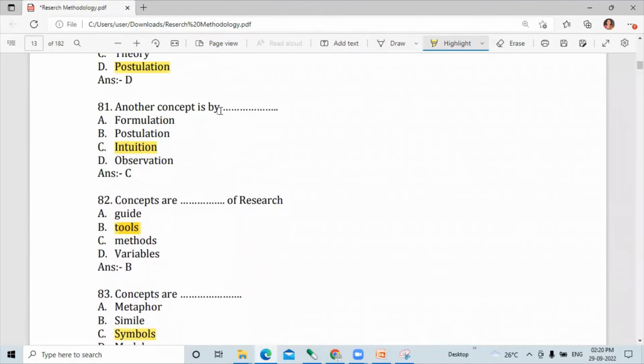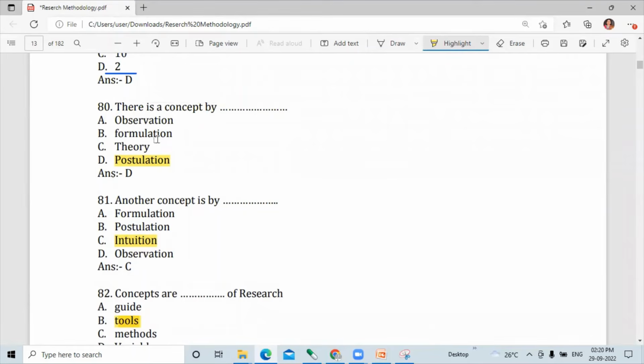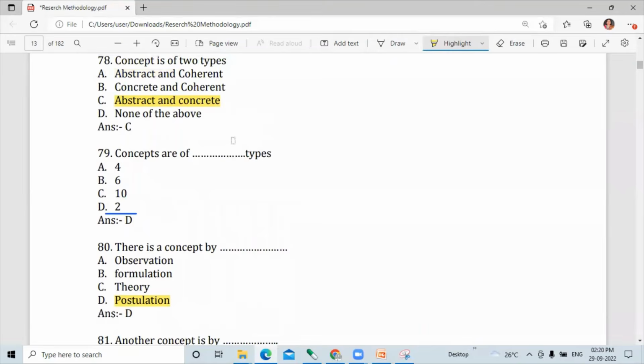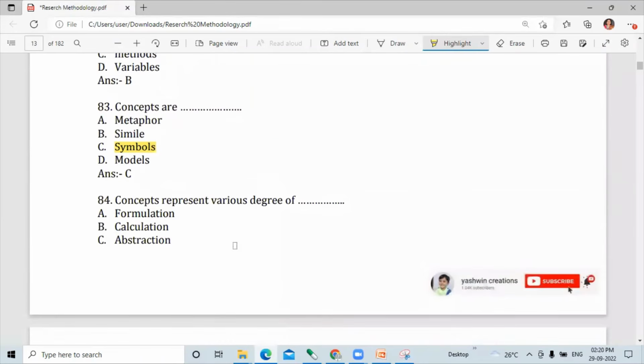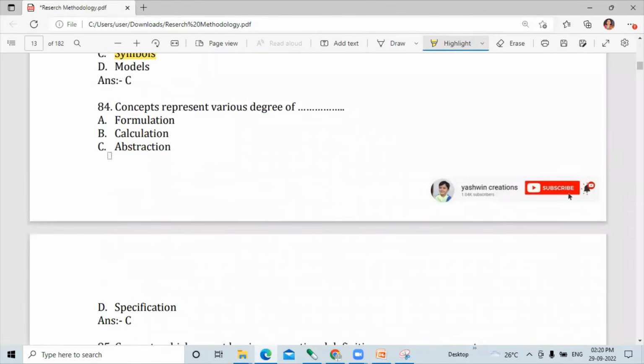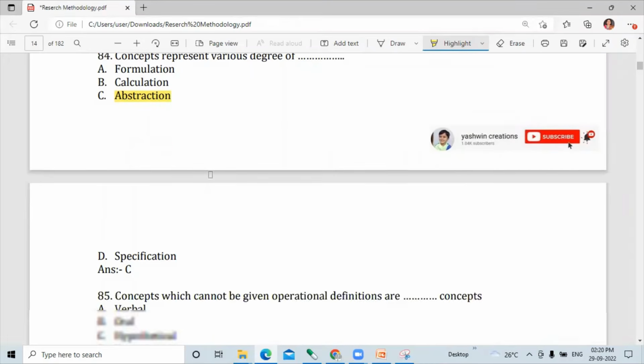And another concept is by intuition. And there is a concept by postulation. Concepts are of two types, abstract and concrete. Concepts represent various degrees of abstraction.